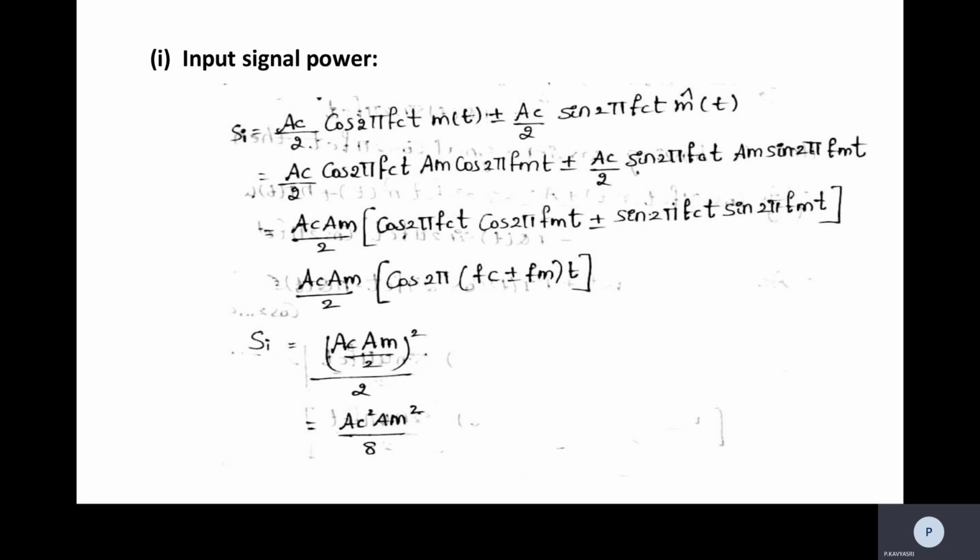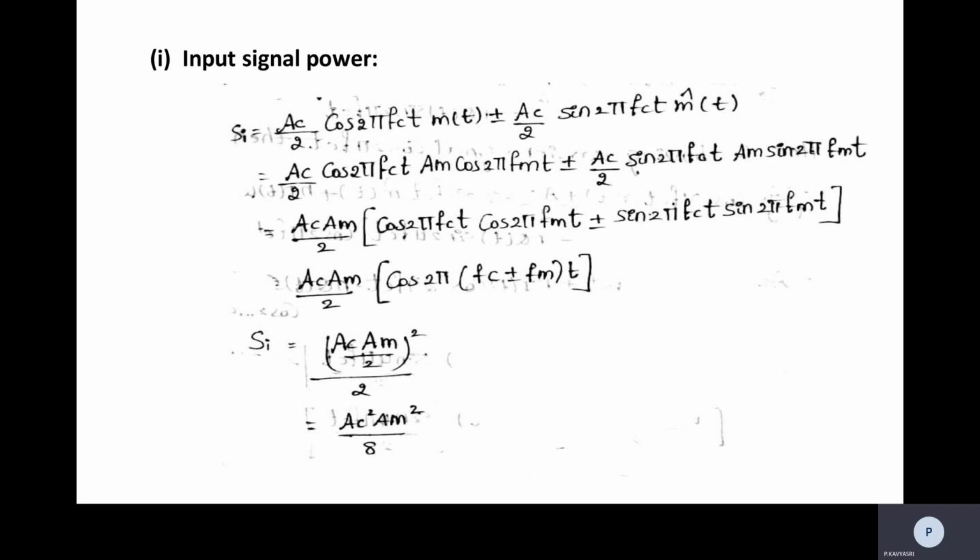We know that for signal power we need to consider the power formula, amplitude square by 2. So Si is equal to amplitude square by 2. Here the amplitude is Ac into Am by 2. So amplitude square by 2 means Ac into Am by 2 whole square by 2, which becomes Ac square Am square by 8.